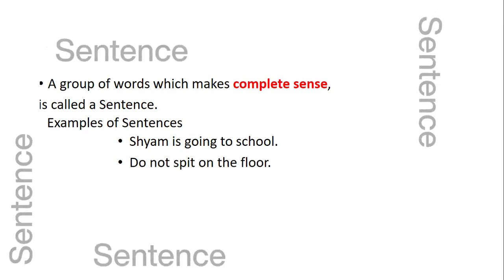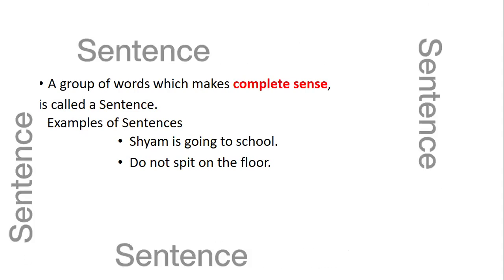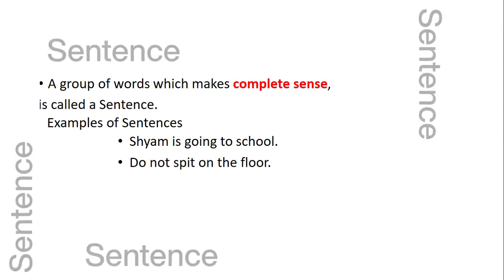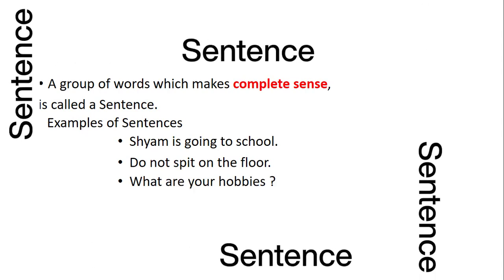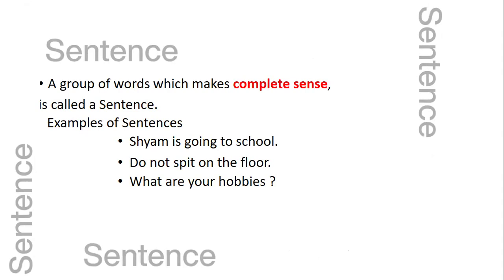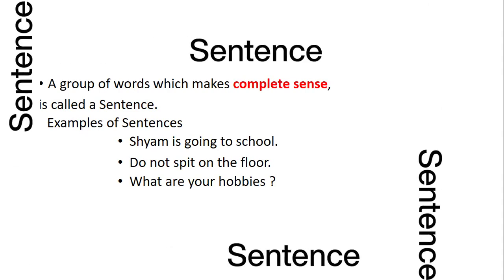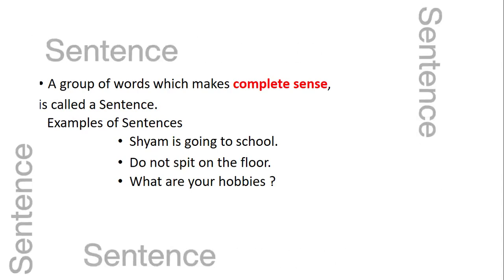Do not spit on the floor. This is a sentence because it gives us a clear-cut understanding that a command is given that don't spit, and where you should not spit: on the floor. What are your hobbies? A very clear-cut question is asked. It makes a complete sense. The person is asking, what are your hobbies? What do you like to do?